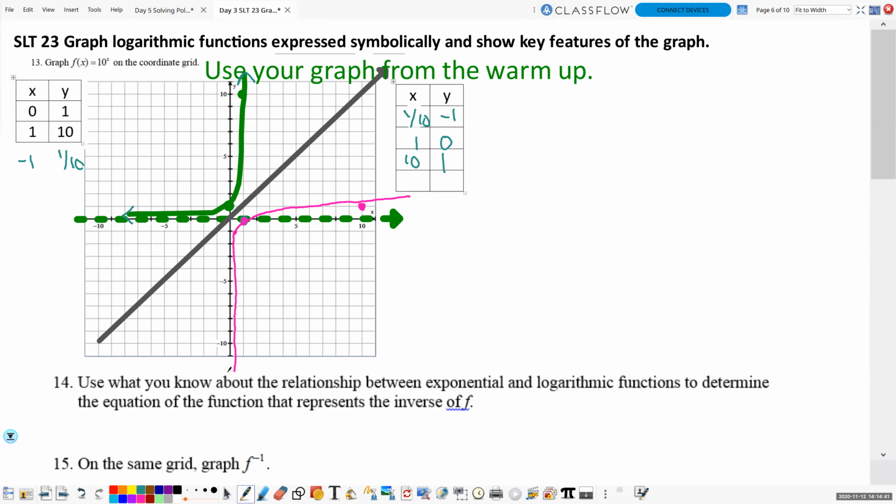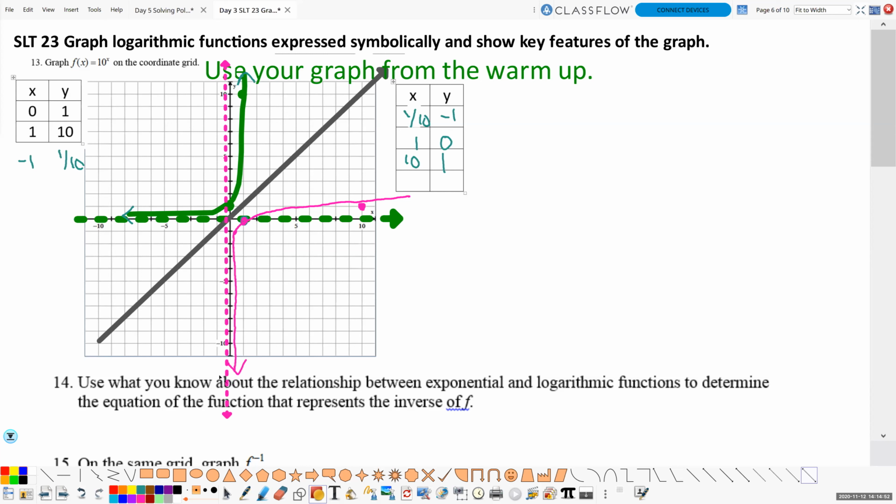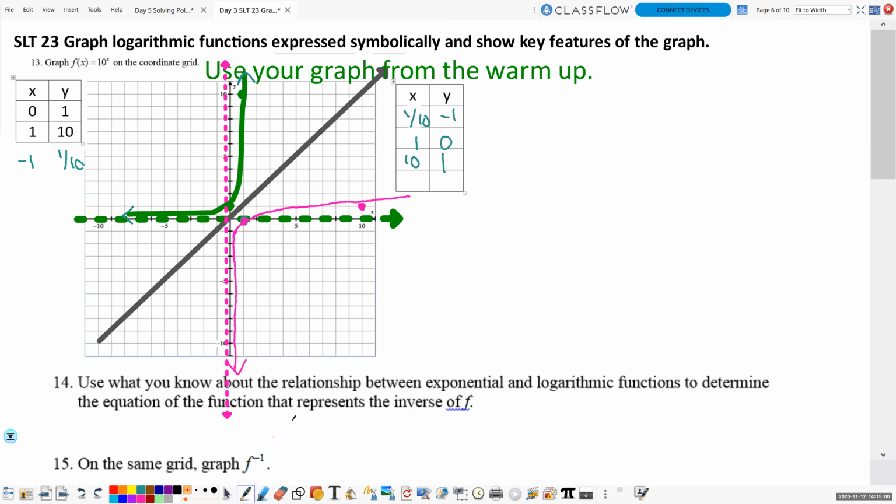And it's got this vertical asymptote here at x equals 0. I'm just going to answer the questions that are below up top. I don't feel like moving everything around.